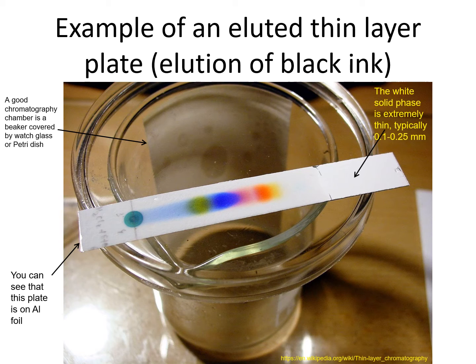We don't do that in the laboratory, and it's already prepared. What we need is to cut the thin layer plate to our desired height and to our desired length, depending on the number of samples we have.